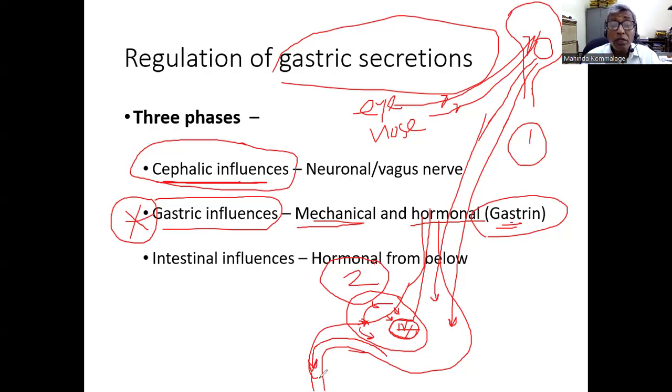So when the food is moving to the intestine, what should happen to the gastric secretion? Let's say acid secretion. Now food is moving down. Gastric acid secretion, what should happen?